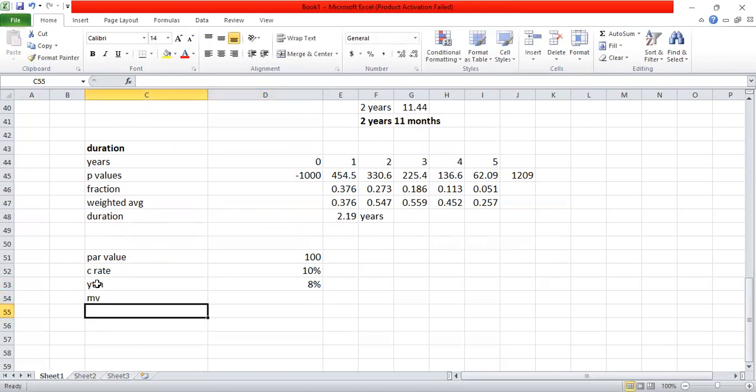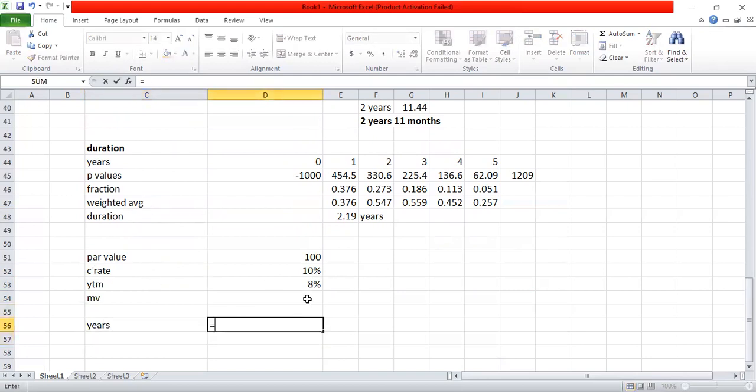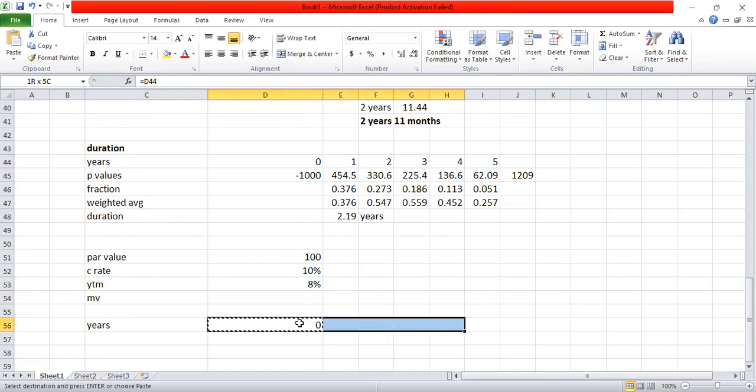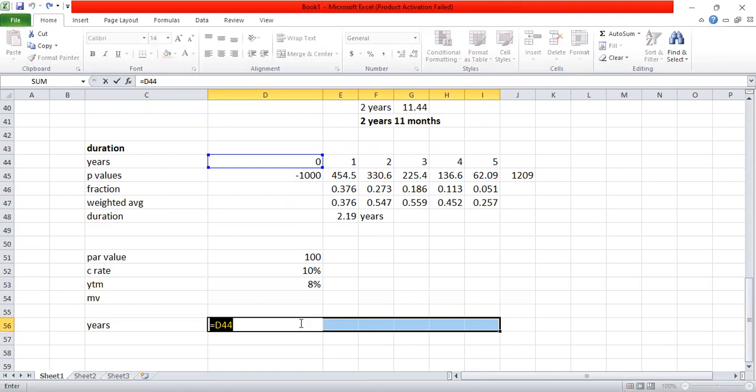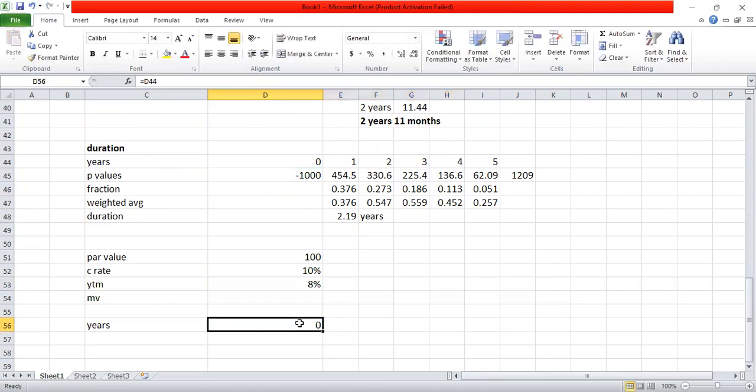So guys, we will type here the years. The years we have already, this one. So copy, paste.